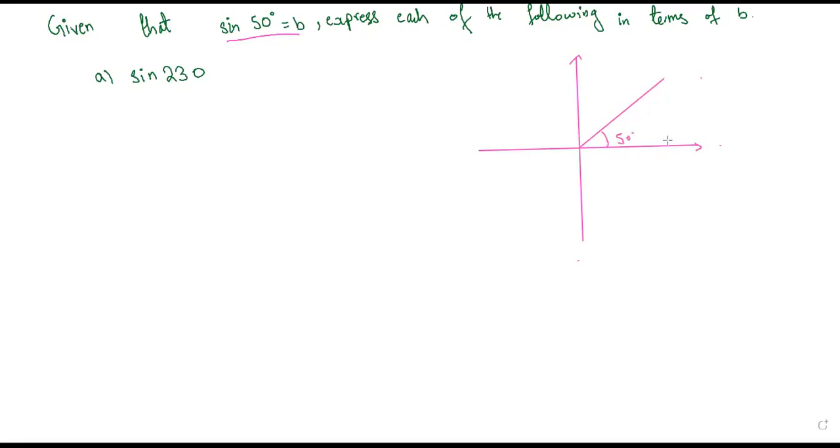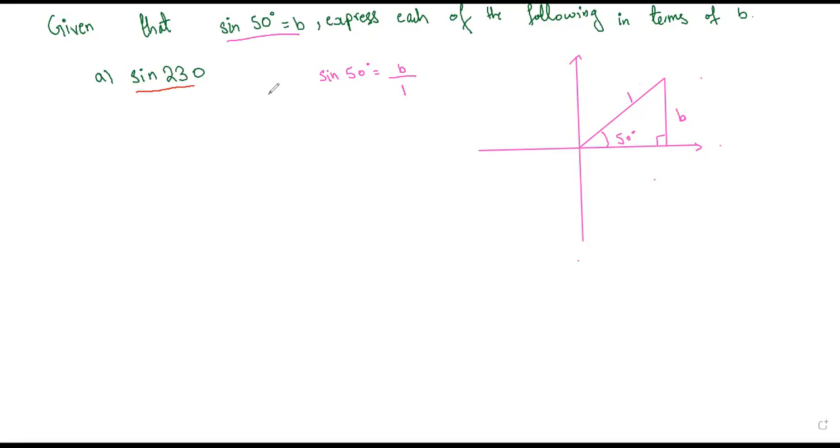I'll make a right angle triangle, because it says that sine 50 equals B. So we know that sine 50 equals perpendicular over hypotenuse. This is B and this is 1. Okay, this is good. Now what is the question? The question says express each of the following in terms of B.